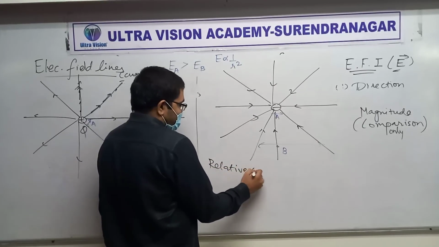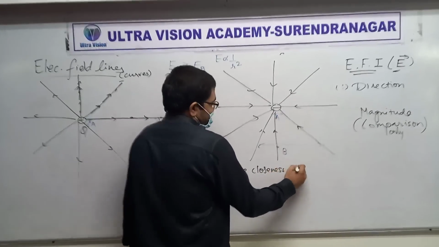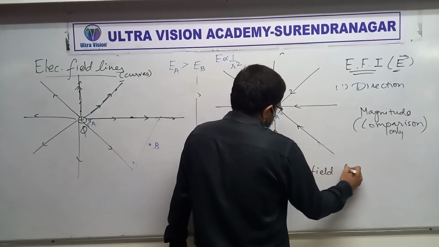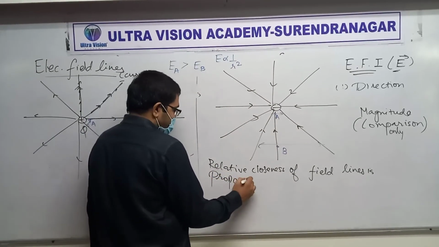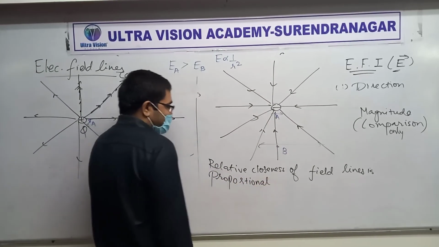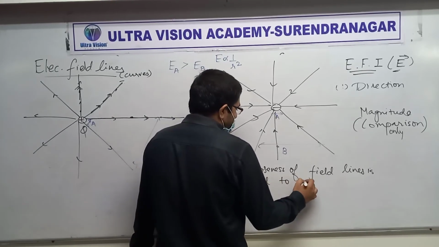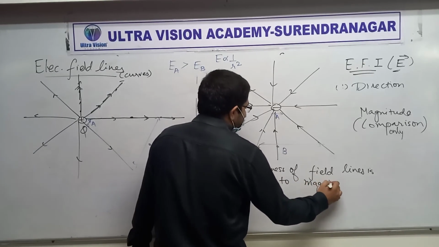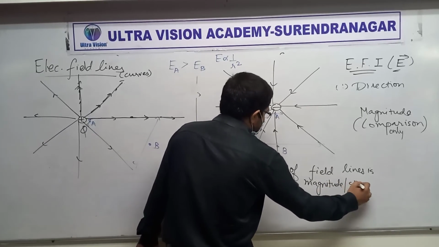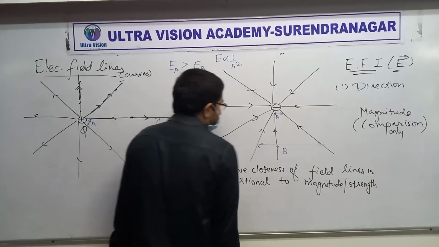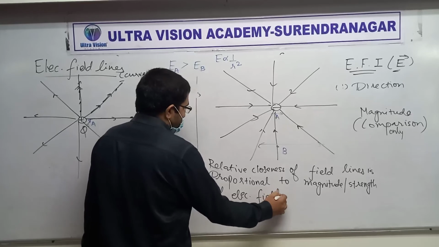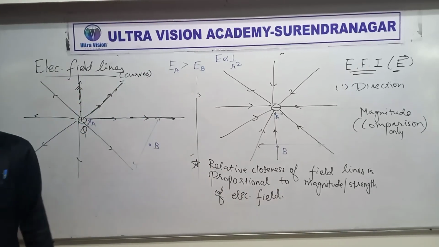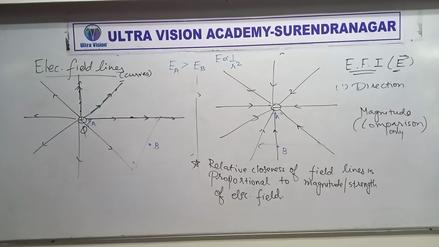Relative closeness of field lines is proportional to magnitude or strength, whatever you want to call it, magnitude or strength of electric field. Is this sentence clear? Yes.